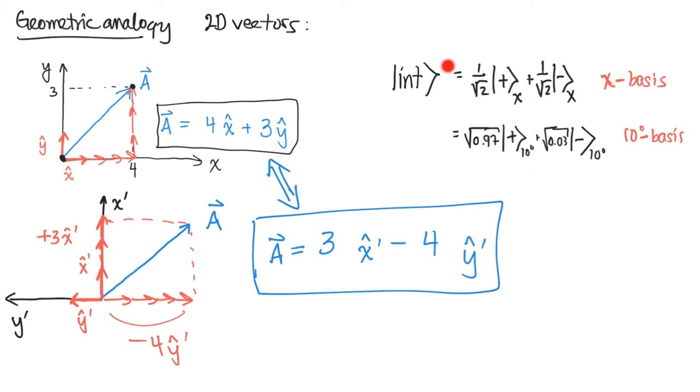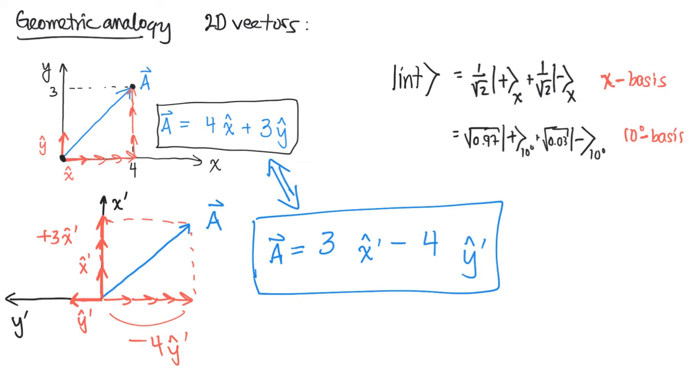We could write the intermediate state of a silver atom coming out of the Z analyzer as either in the x basis or the 10-degree basis. So here either in the x hat y hat basis or the prime basis. And the coefficients are different in the two cases, just like they are here, 4 versus 3 and 3 versus minus 4. But they represent the same state. Here they represent the same vector.